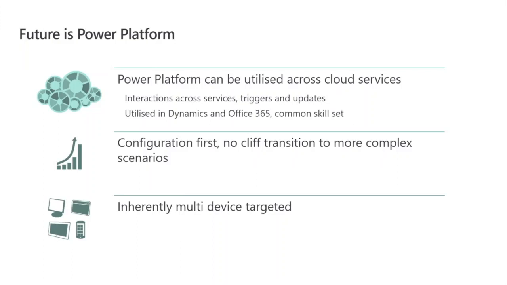And for the example of the configuration-first and then no-cliff transition. With the Power Platform, you could start with configuration, and in fact configuration goes much further than what it used to before. And if that's still not enough, you could still go down the route of custom code and build what you want.